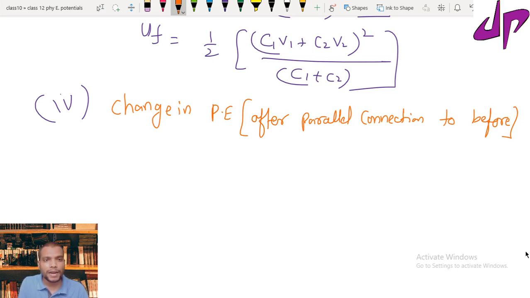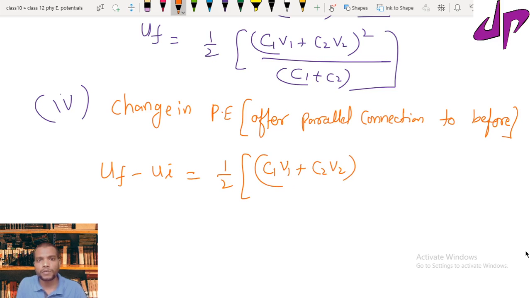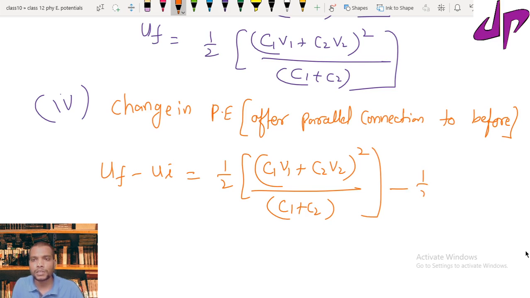So if you subtract UF minus U initial, you can write half of C1 V1 plus C2 V2 whole square upon C1 plus C2, minus U initial, which equals half C1 V1 square plus half C2 V2 square.